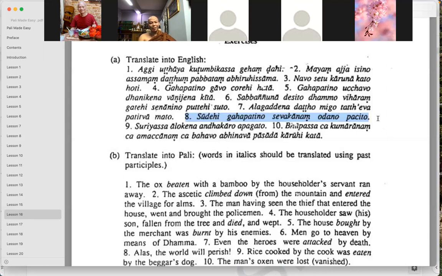So this sentence is not a complete sentence, right? You think? I think it should be by the... I'm not sure, Bhante. Yeah, almost right. But you don't actually have the nominative there, I think. Actually, pacito is related to the odano, right?